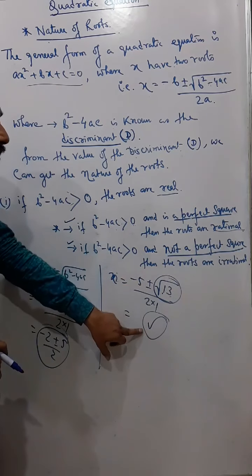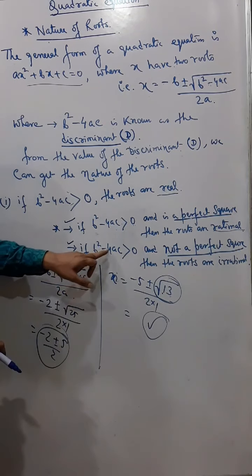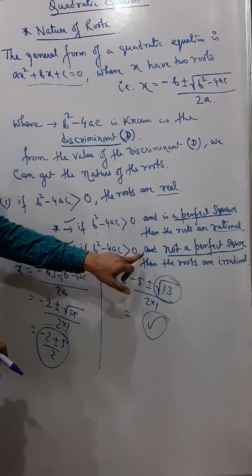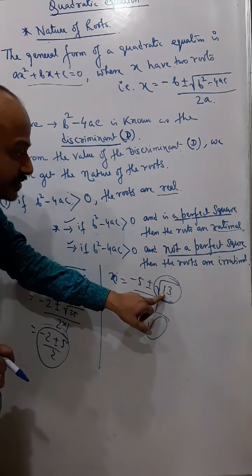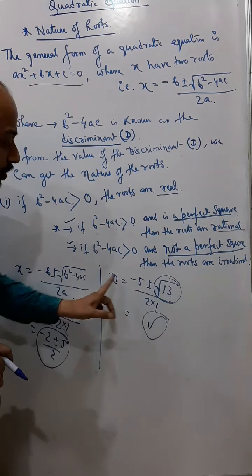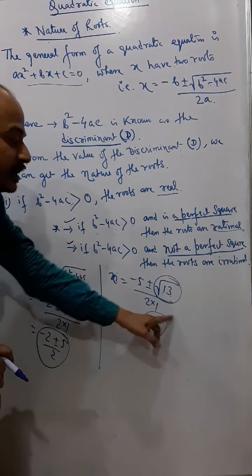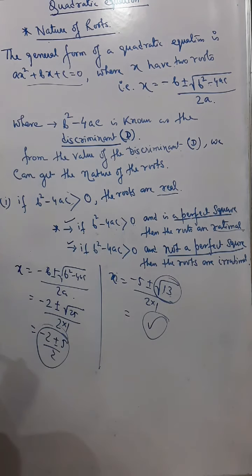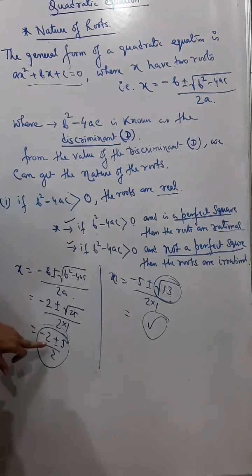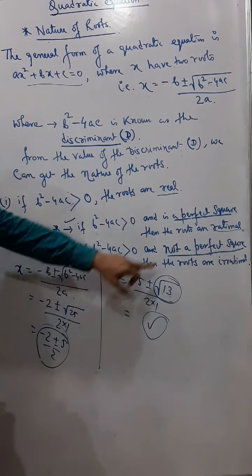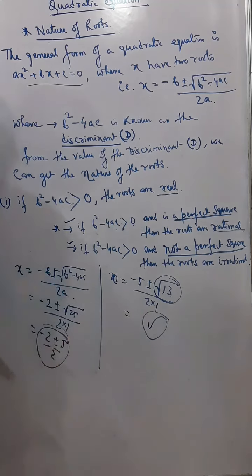Therefore we say that if b square minus 4ac is greater than 0 and is not a perfect square, like 13, then the roots of x will be irrational numbers. And if it is a perfect square, it's a rational number, and if it is not a perfect square, then it is an irrational number.